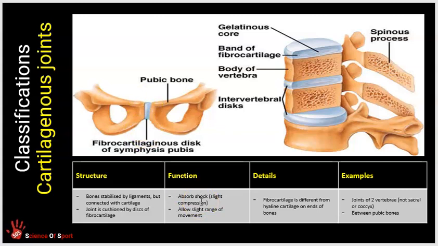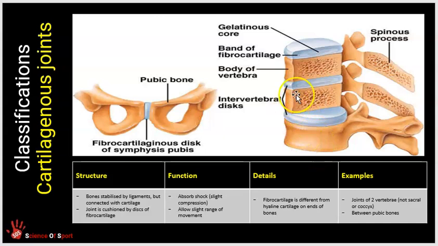The job of this, particularly in the vertebral column, is to shock absorb. So again, if you think about jumping and landing, all the force that goes down through your vertebral column gets absorbed partly by these vertebral discs. If we just took this one joint here, this one pair of vertebra, this one cartilaginous joint, there's actually not lots of movement that can occur between them.